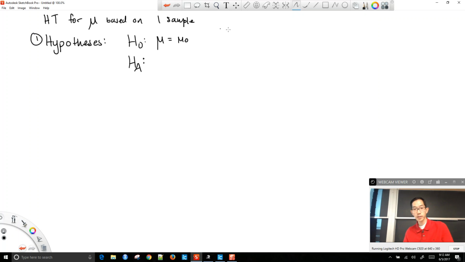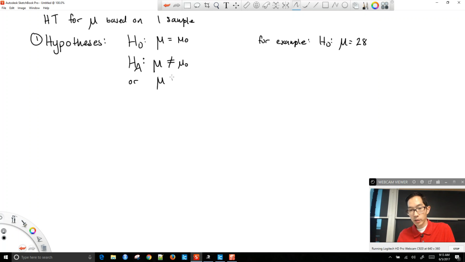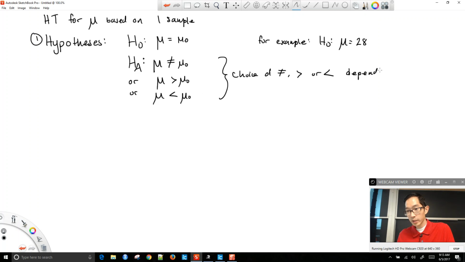Okay, so for example, you might write that the null hypothesis is that mu is equal to 28. Okay, and then the alternative will be mu is not equal to mu0, or mu is greater than mu0, or mu is less than mu0. Okay, and then your choice of not equal, greater than, or less than depends on how the question is written.